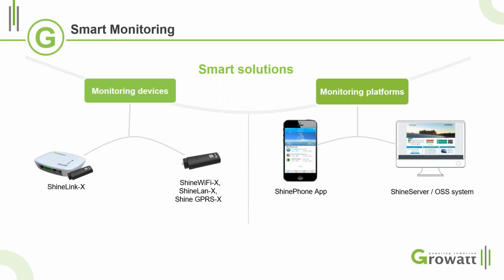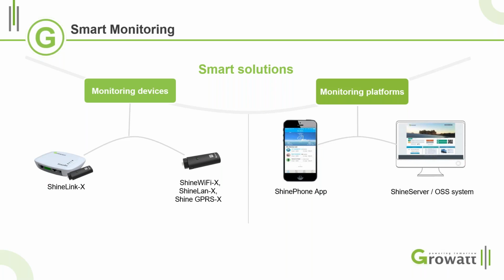But if you have Wi-Fi already, there are also different monitoring devices like the Shine Wi-Fi X, the Shine LAN X, as you can see in the name. Those are devices that you can connect through Wi-Fi or LAN or GPRS, which is very uncommon.